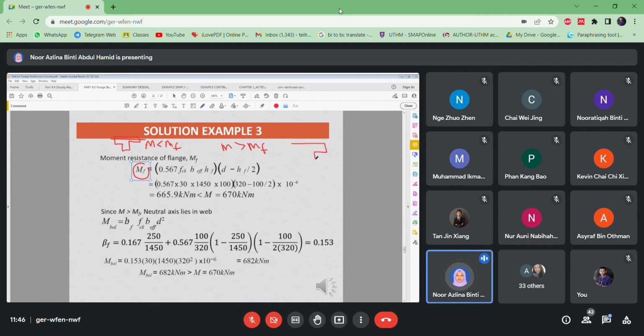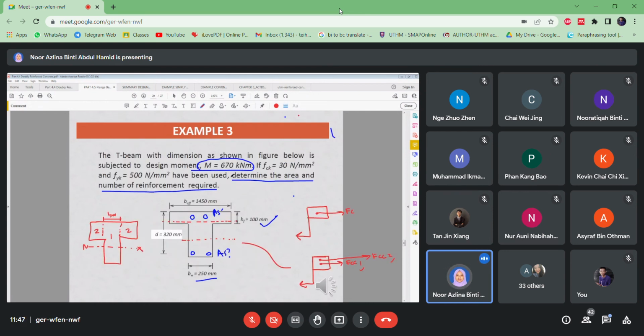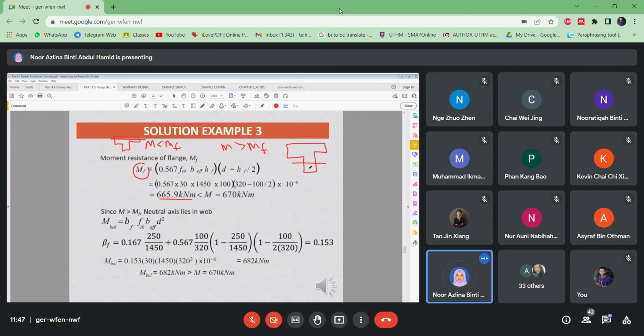If more, neutral axis lies in the web. So it shows here that M is more than MF. So M, what was it again? 670, right? Okay, 670. I already calculated this MF.